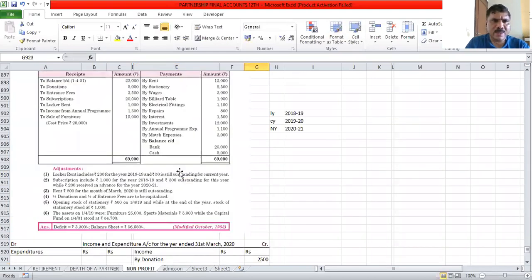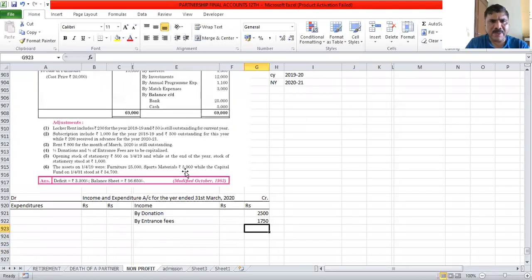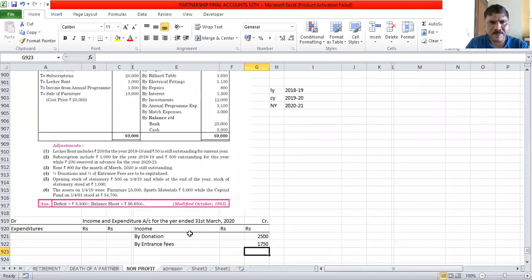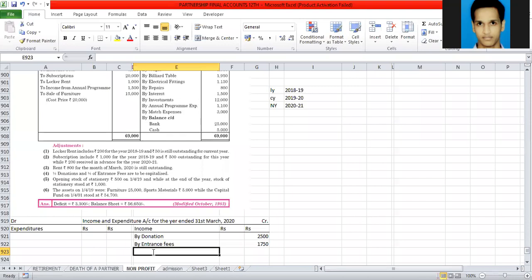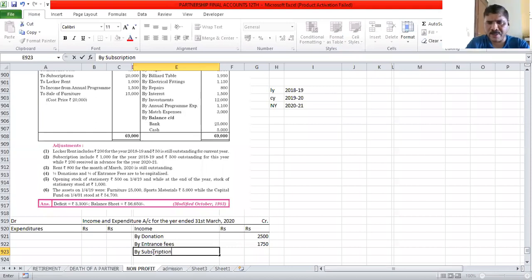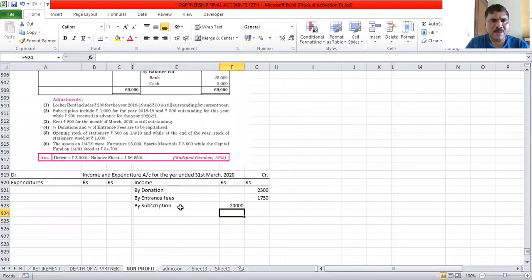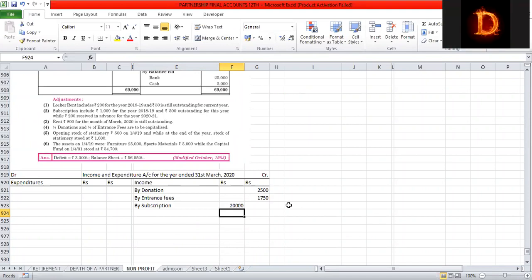Next, we have subscription. Where do we take subscription? Income side, by subscription. Inner column amount is 20,000. Adjustment number 2. Subscription includes 1,000 for the year 18 and 19. 18 and 19 means last year.